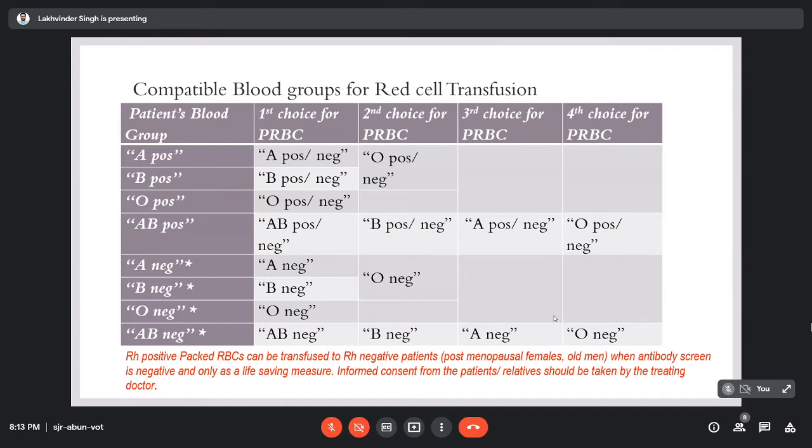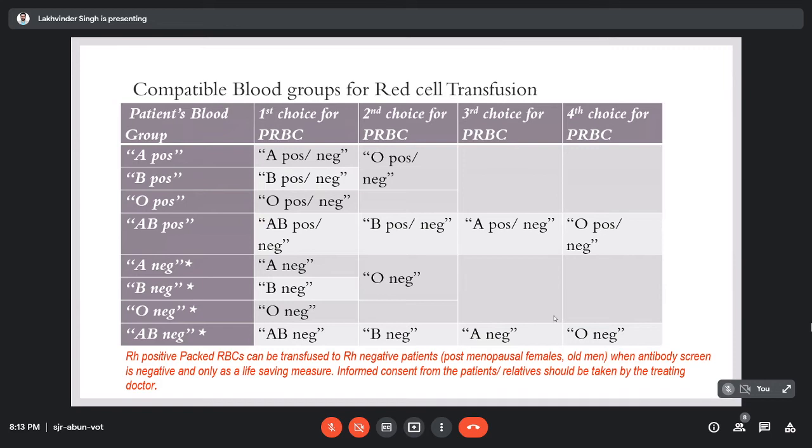O negative packed red cell. I'm not saying whole blood. It's packed red cell, because if we are using whole blood, then an individual who is O will contain anti-A and anti-B. If transfused to a patient with group A or B, it can cause hemolysis. So our main O negative are the universal donor.